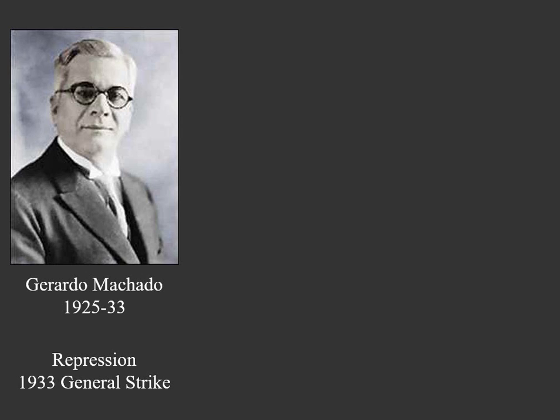And that angered a lot of the more radical elements in Cuba, especially university students and city-based workers. And their anger grew when the Depression hits around 1930 and basically destroys Cuban sugar prices and unemployment skyrockets.